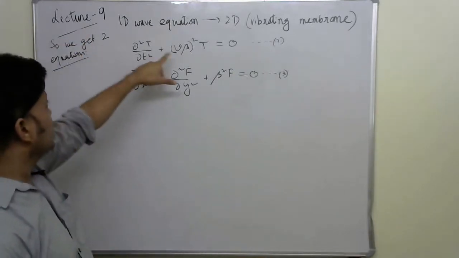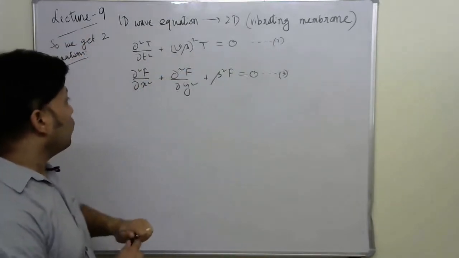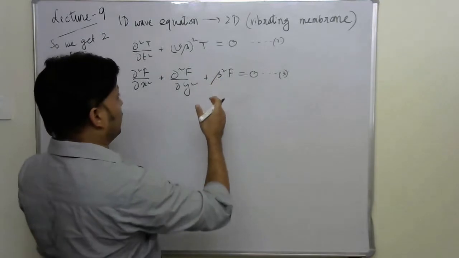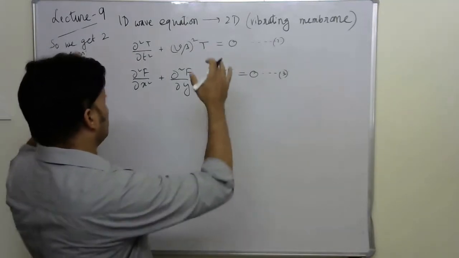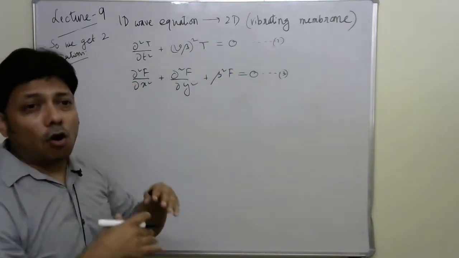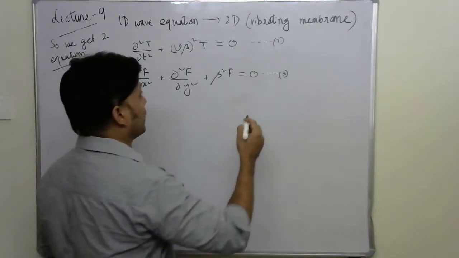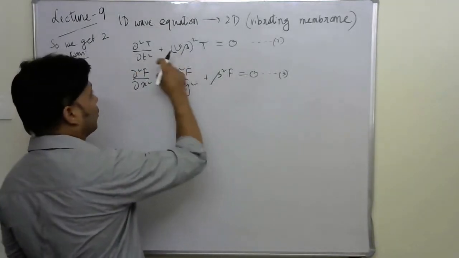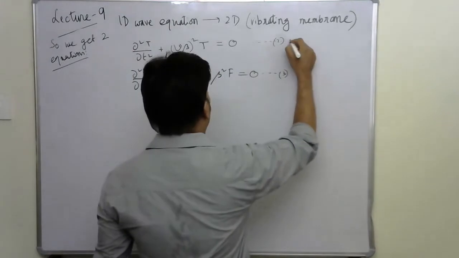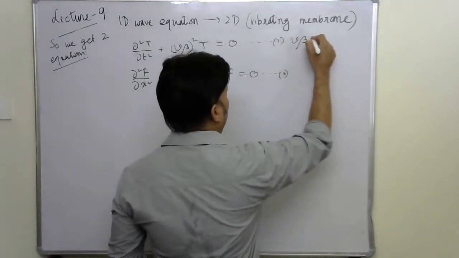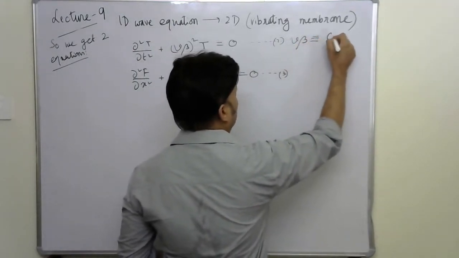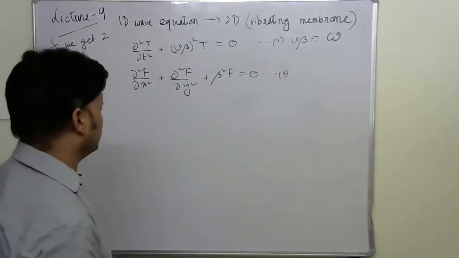This is the equation for the time, and we see that equation 2 becomes an ordinary differential equation, of course second order, and we can all recognize this pattern. So we can equate v beta with omega, the angular velocity.